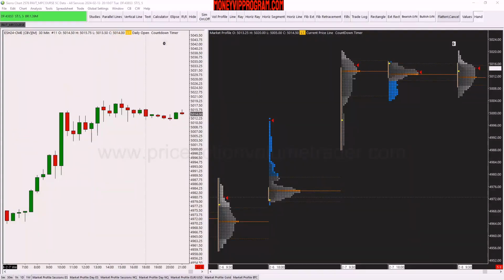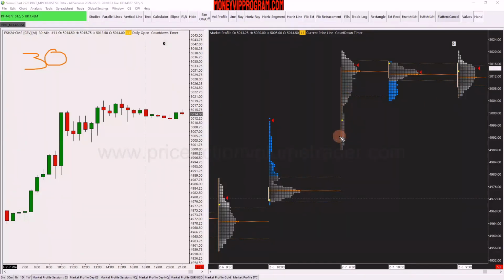This is a 30-minute chart, and this is the market profile. You can see this is all part of the template that you have available to download in this course. You can go to the trading platform section and find the document, the CHT Sierra file, if you want to install it and follow along.